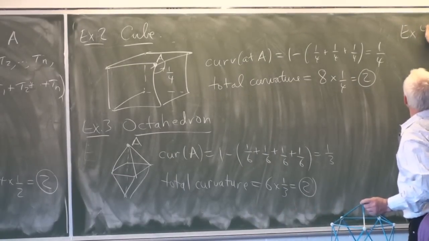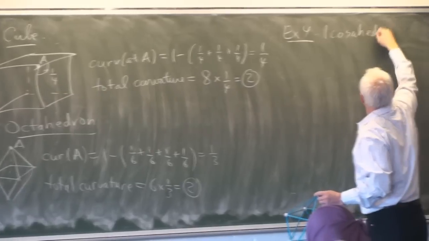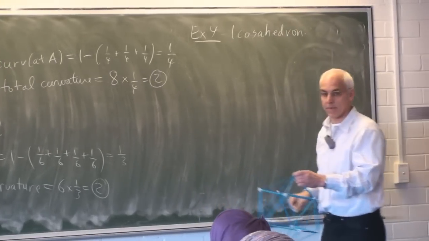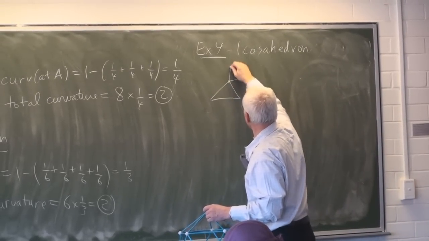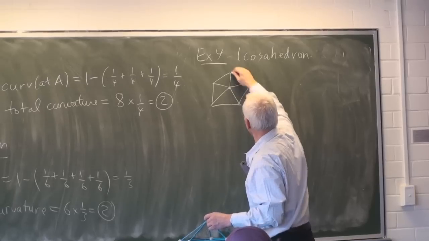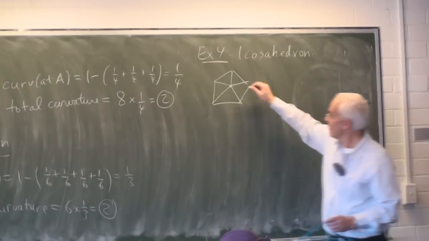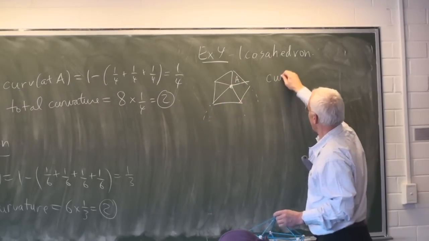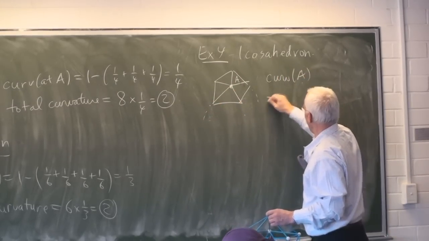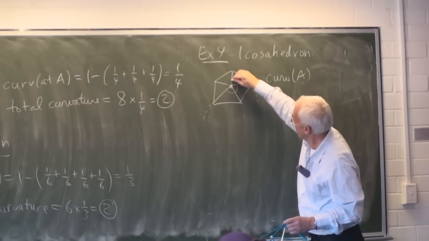Okay, example 4, the icosahedron. Well, at a vertex, we have 1, 2, 3, 4, 5 equilateral triangles coming together. Won't draw the rest of it. But the curvature at A is 1 minus the sum of the turns that meet here.